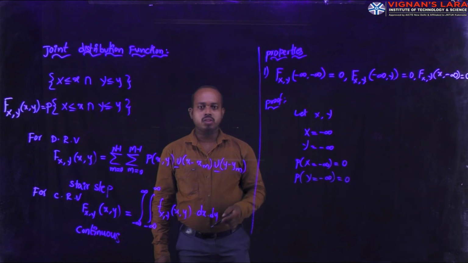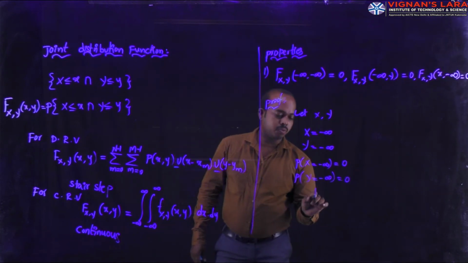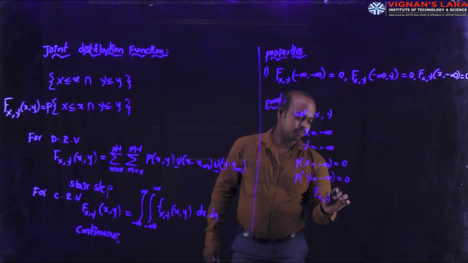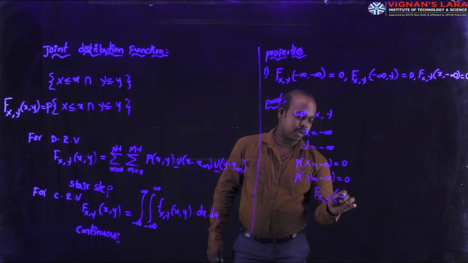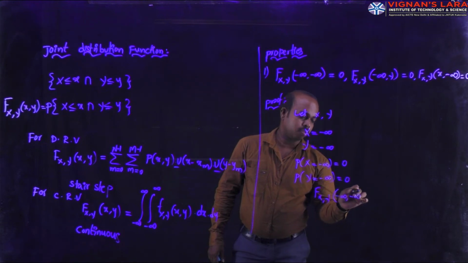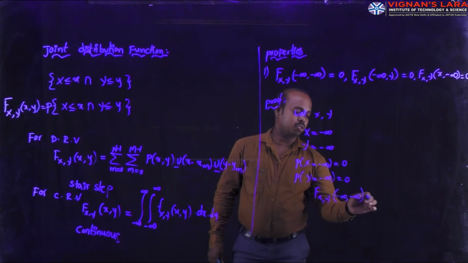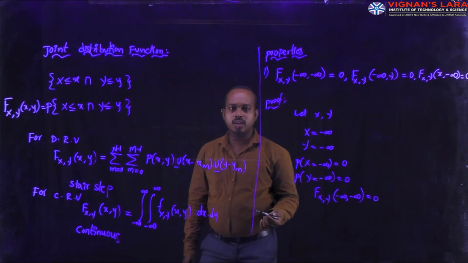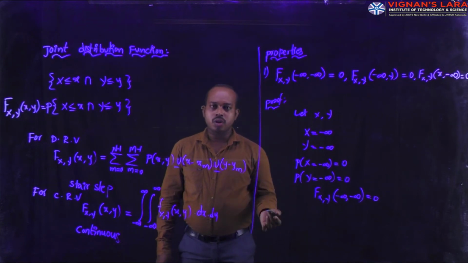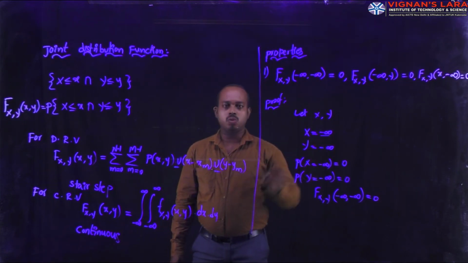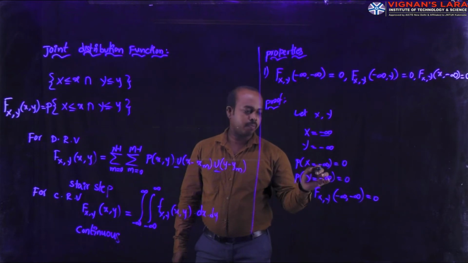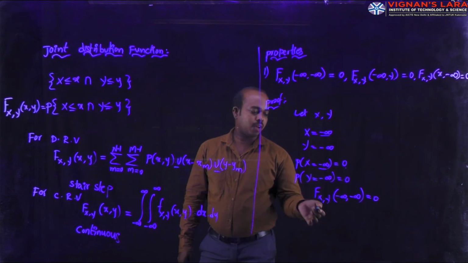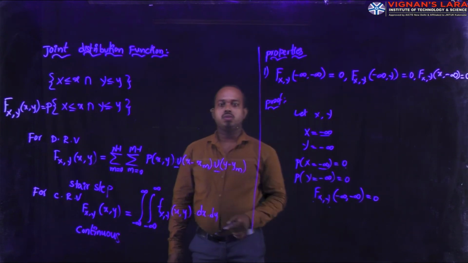Based on these conditions, we can represent the distribution function F_{X,Y} at minus infinity, and the value is 0. Why? Because the probability distribution function at minus infinity is 0, and for the other variable at minus infinity, the probability is also 0. For individual values being zero, the final value of F_{X,Y} is also 0.